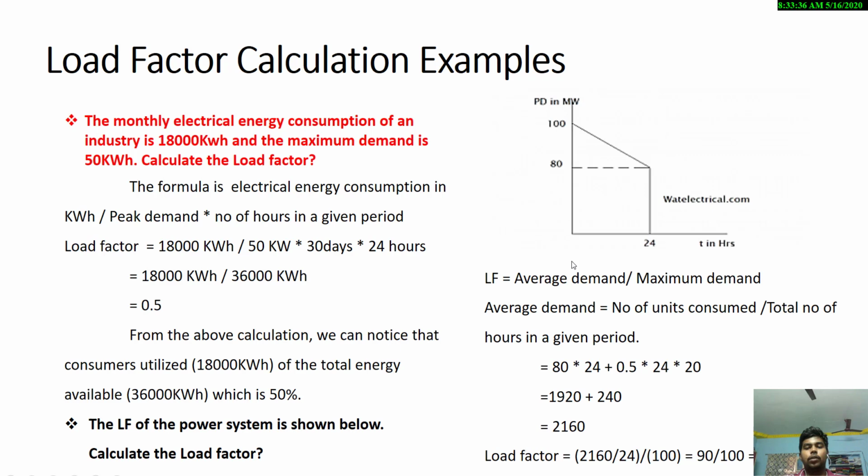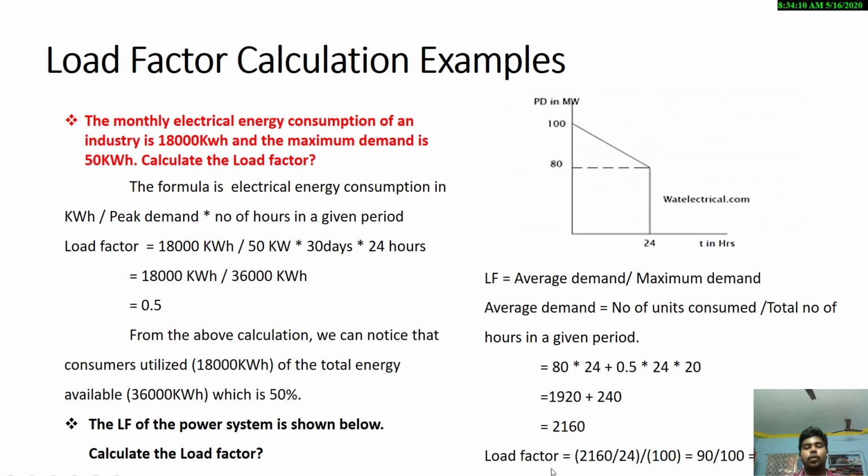The area of the triangle is half times base times height, where the base is 24 and the height is 20, since 100 minus 80 is equal to 20. Therefore we have applied the area of the triangle. Here is the area of the rectangle, length times breadth, so we get 2160 megawatt hour of energy.